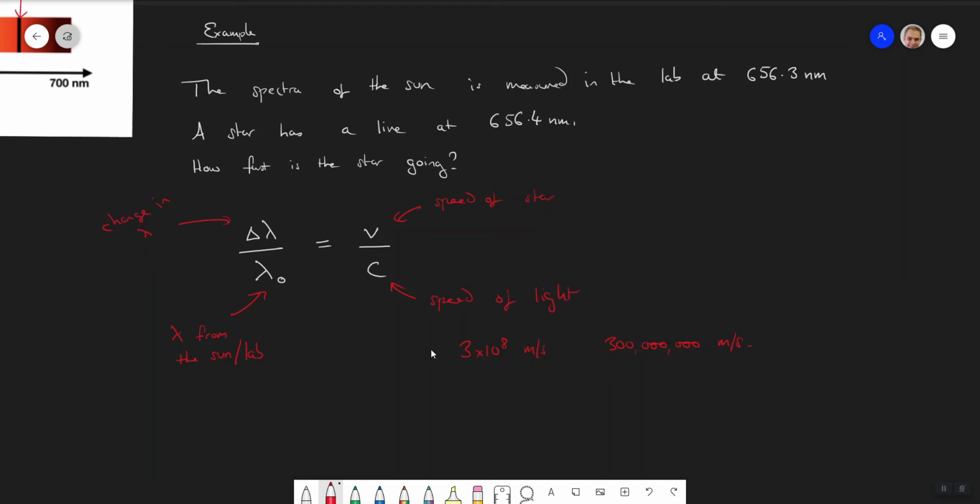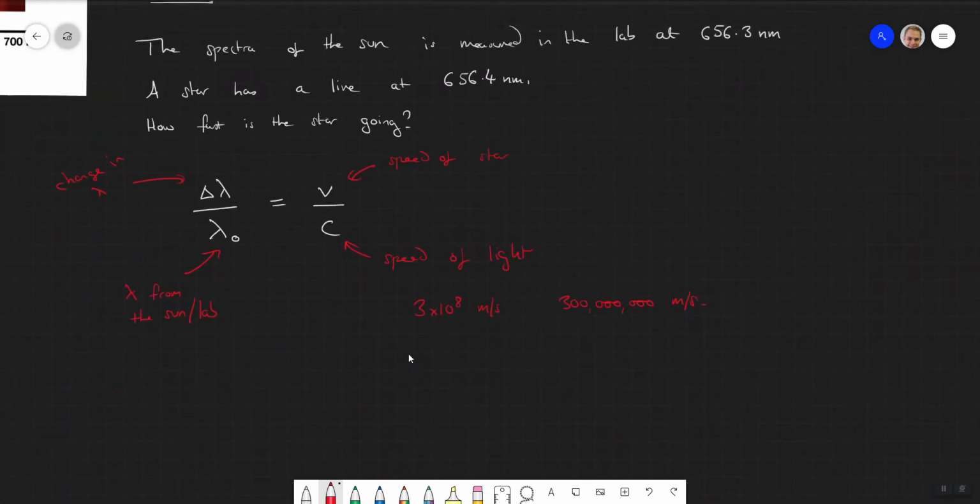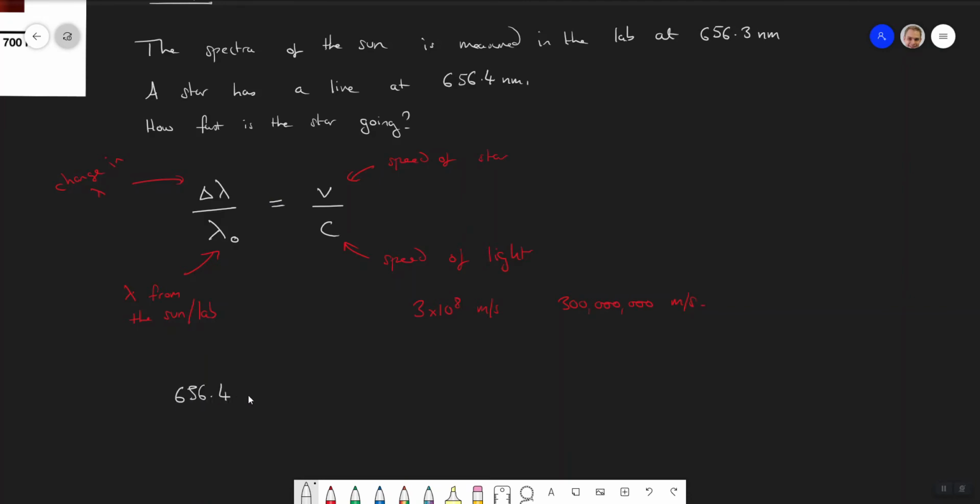Meters per second. Okay, so essentially this is a fairly nice thing. We've got a change in wavelength, we've got an original wavelength, and we want V. So we can put in our numbers and work it out. The change in wavelength is that minus that. So I'm going to do this properly: 656.4 minus 656.3 divided by, and now this is the key question, where it sometimes goes wrong: what is your reference wavelength?